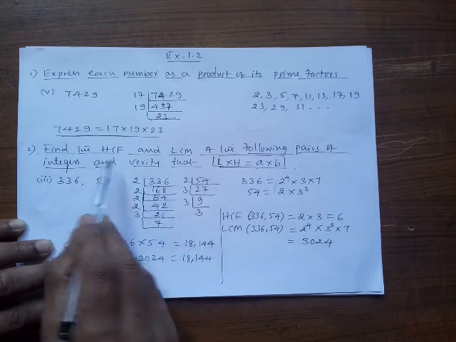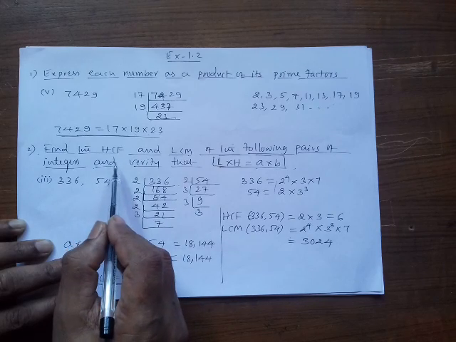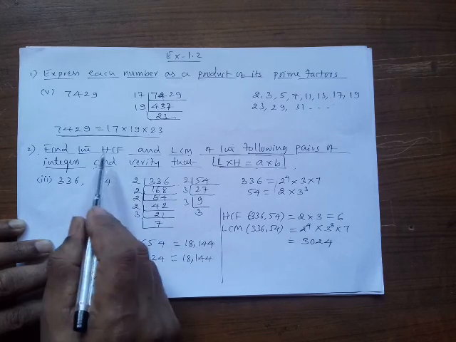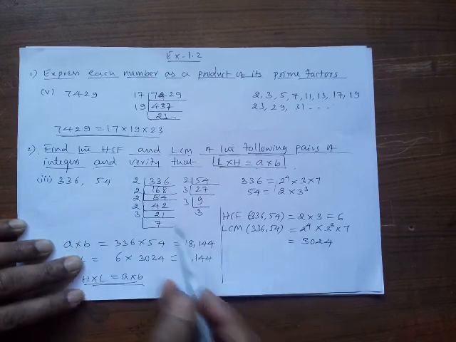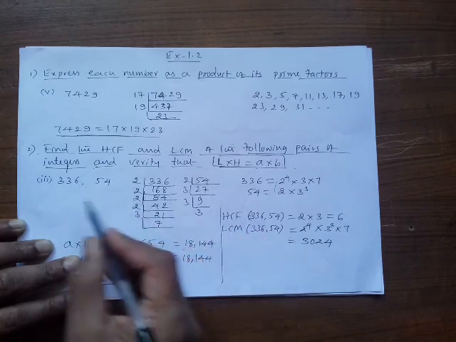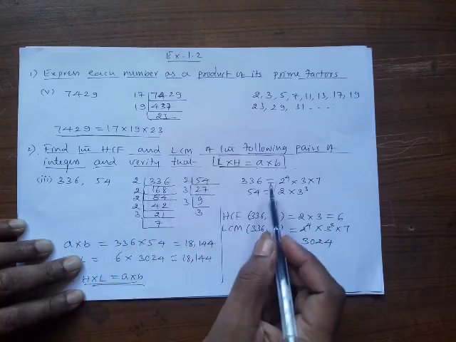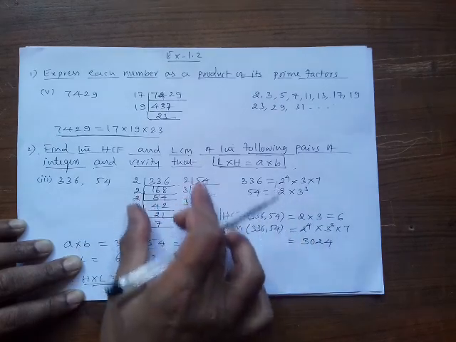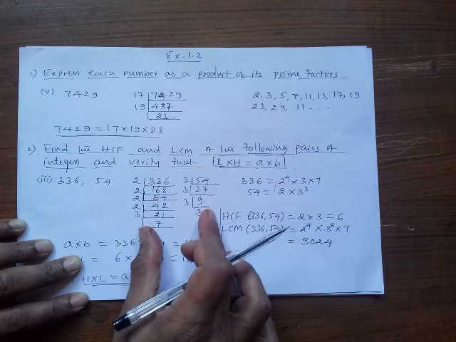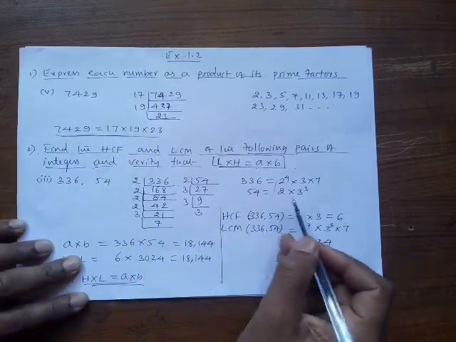Dear students, in this chapter we find HCF by Euclid's division algorithm and HCF by the prime factorization method. So here you are asked to find HCF as well as LCM by the prime factorization method. First you have to do the prime factorization, as in the case of the first problem.